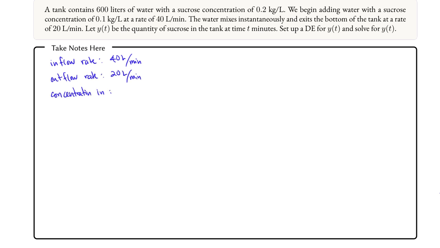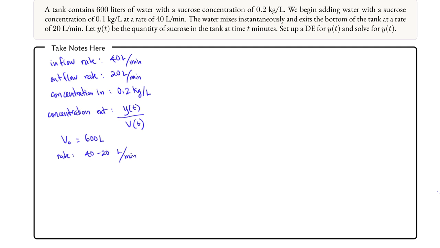The sucrose concentration coming in is 0.1 kg per liter and going out is y of t over the volume v of t. This is the concentration of sucrose. Where v is a function of t, initially the volume in the tank is 600 liters, but the rate in is 40 and the rate out is 20.